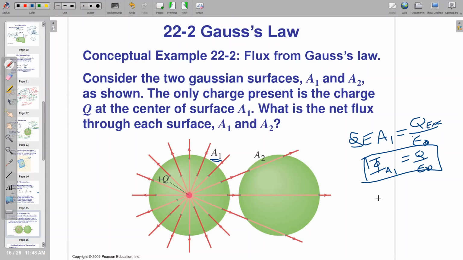What about for A2? Phi A2 is the integral of E dot dA around A2, and that's going to be equal to Q enclosed over epsilon naught. What's Q enclosed for A2? It's nothing, it is 0. So the electric flux through A2 is equal to 0 because there's no charge inside of it.